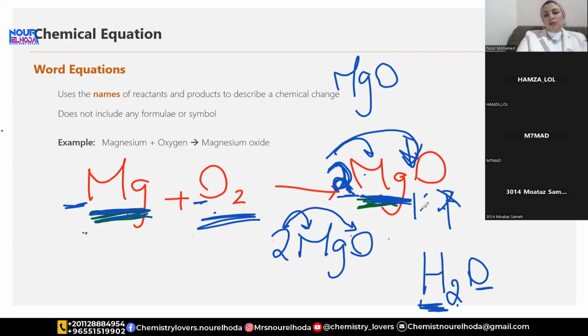So please take care about this. Here the 2 is going to join the magnesium. I need to put here again 2, because it's impossible for 2 magnesium to come out when at the beginning it was only 1 magnesium. Okay? So this is how to balance it. I will give you more examples now.